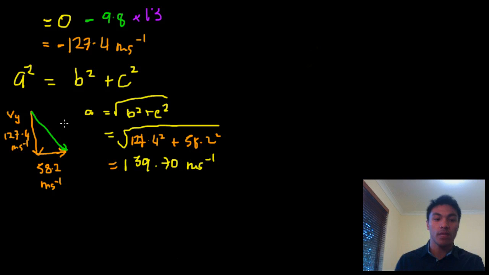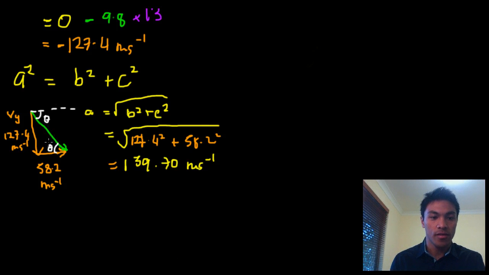Now same again that we did with the displacement, we want to find out what it is to the horizontal. So when we're comparing its origin to its final. What we found out in the last video is that this angle theta is going to be the same as this angle theta.